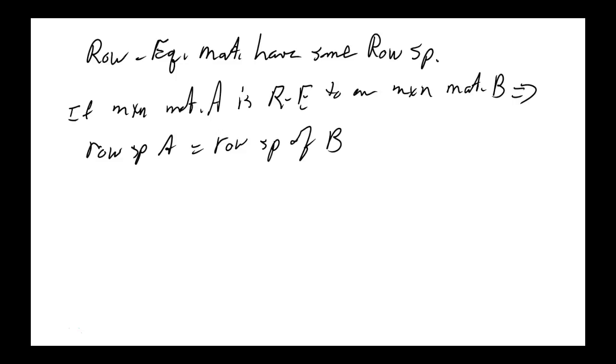Now, if a matrix B is in row echelon form, not necessarily reduced row echelon form, just row echelon form, that's Gaussian elimination, then its non-zero row vectors form a linearly independent set.